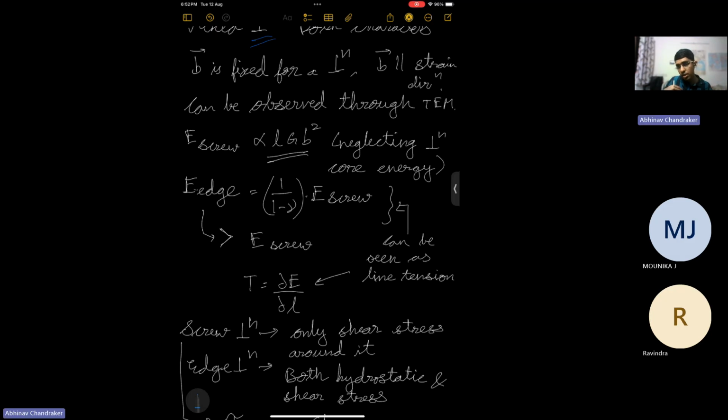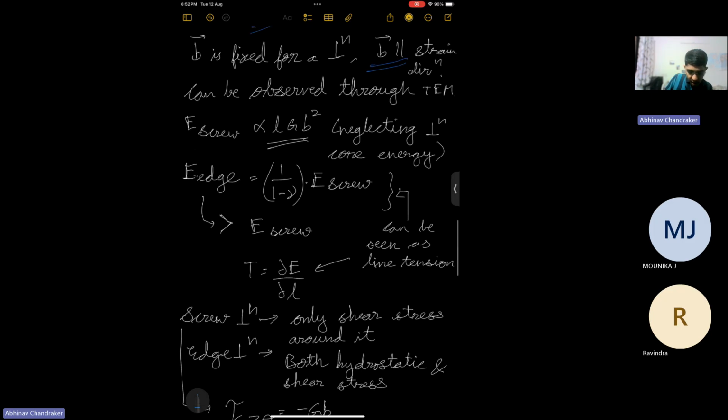Whichever direction this dislocation is moving in, we'll observe strain also, because plastic strain is due to dislocations moving to the surface. So that tells about the relationship between b and strain direction.